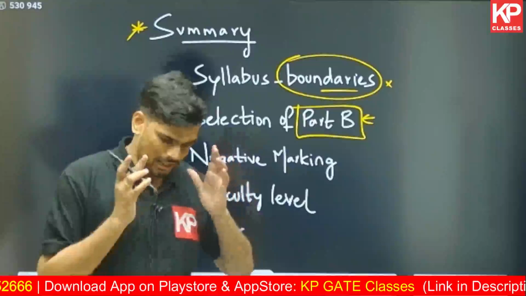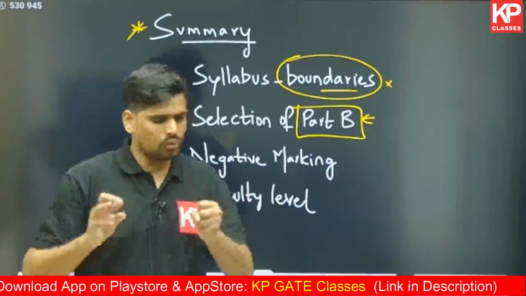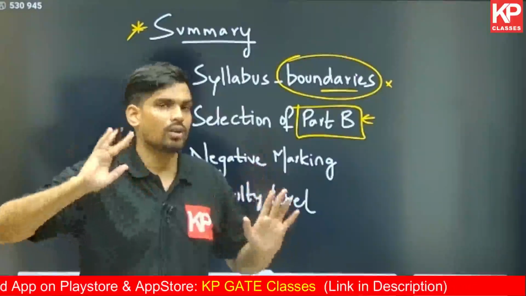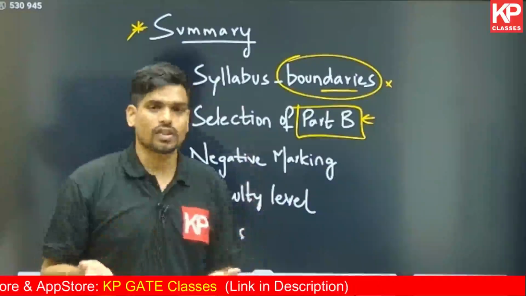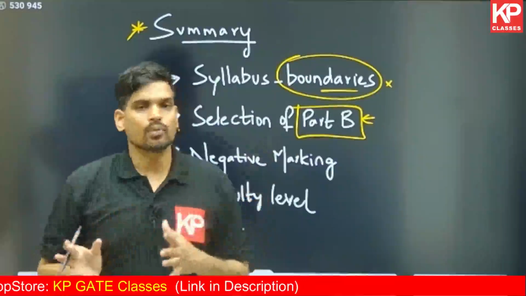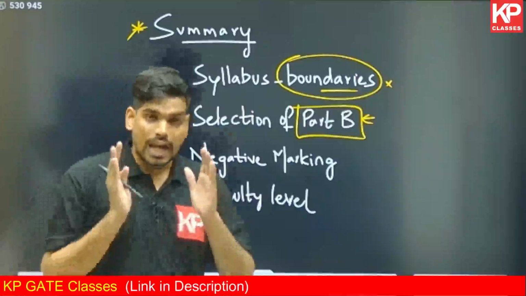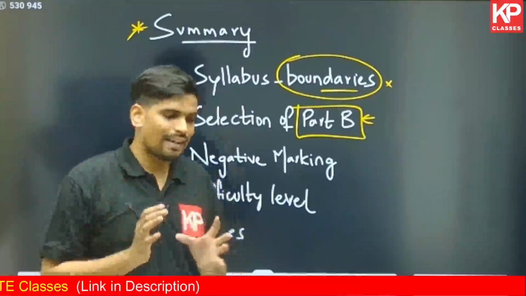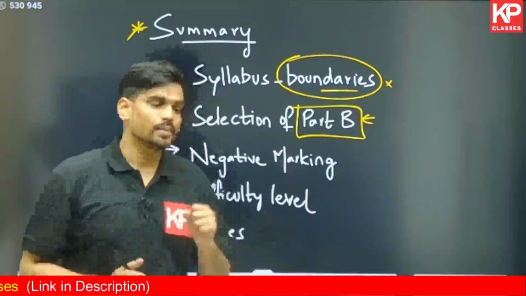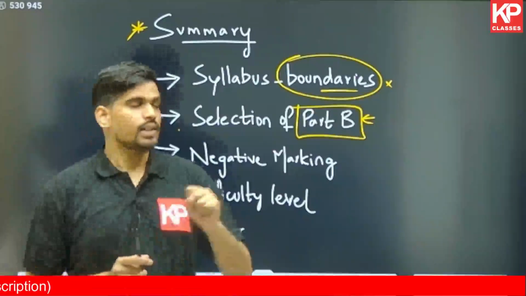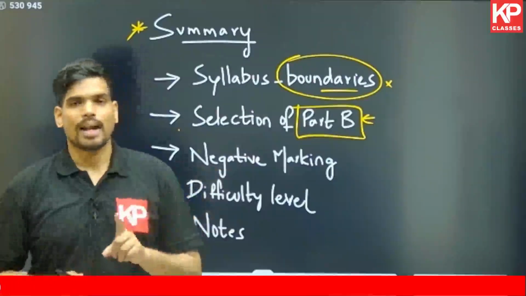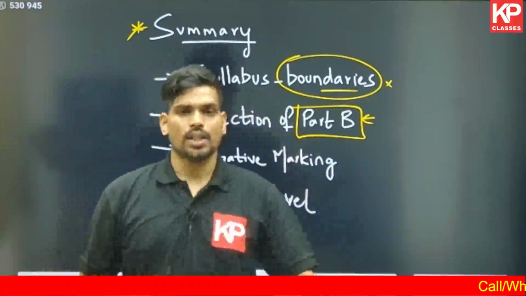If you're just starting 1 month before the exam with only the target of scoring well but not getting a single digit or double digit rank, then for sure you can leave out some topics. But if you are someone who's targeting the best, who's targeting to complete the entire syllabus, you have to study everything. Don't make a final selection, because the selection of part B, architecture or planning, is something which you do in the examination.